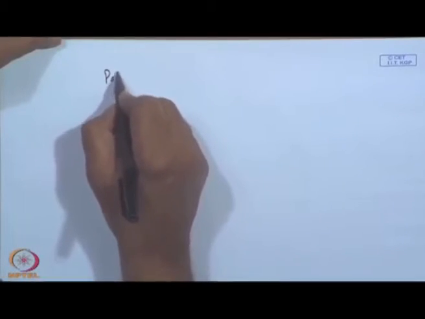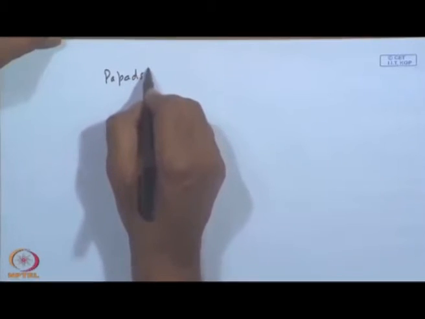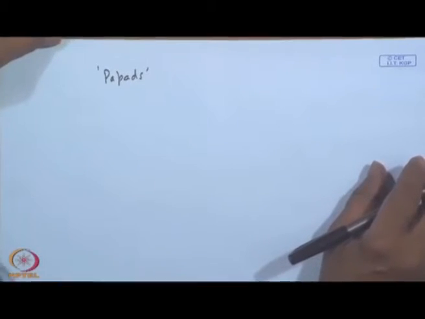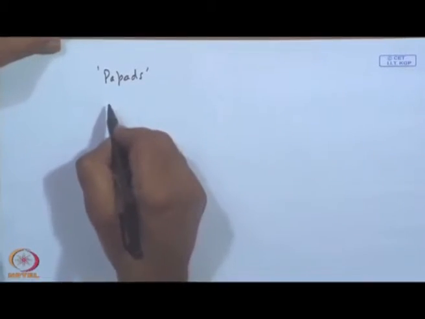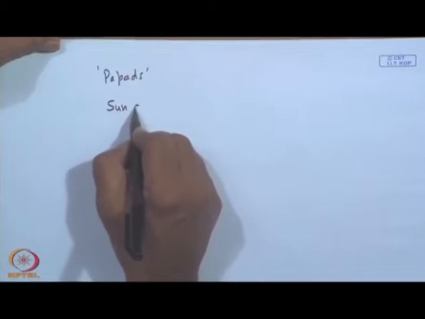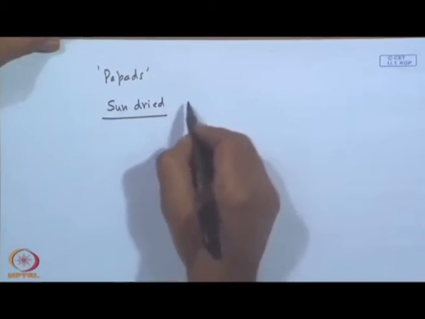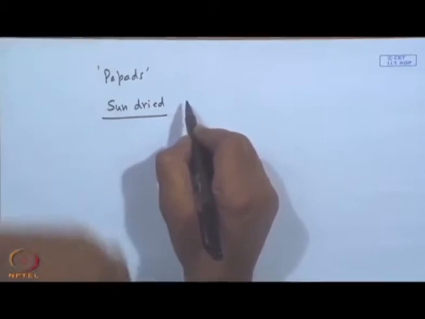And if you look at the good old days, say for example, your poppadums and any number of other durable food, edible items, they are sun dried. So, this is a passive solar application.